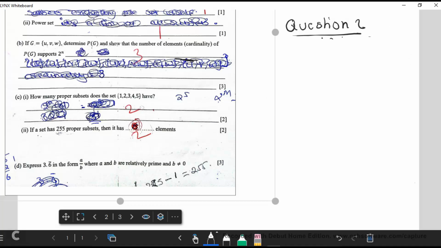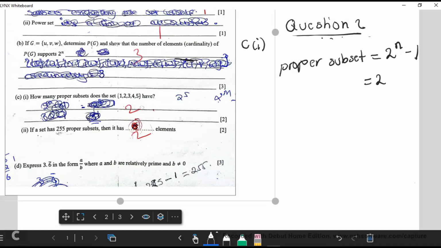So how do we calculate the proper subsets? The number of proper subsets is supposed to be 2 to the power n minus 1. So how many elements are here?